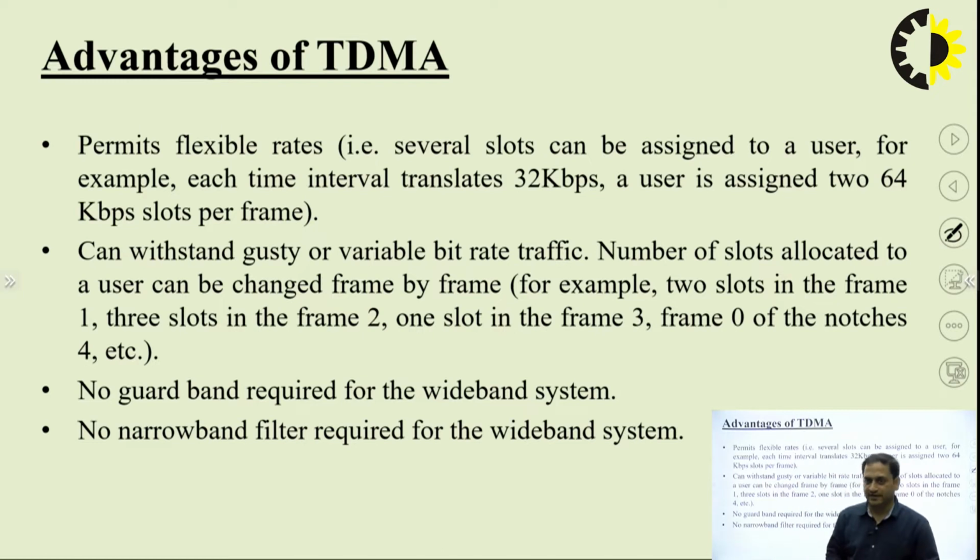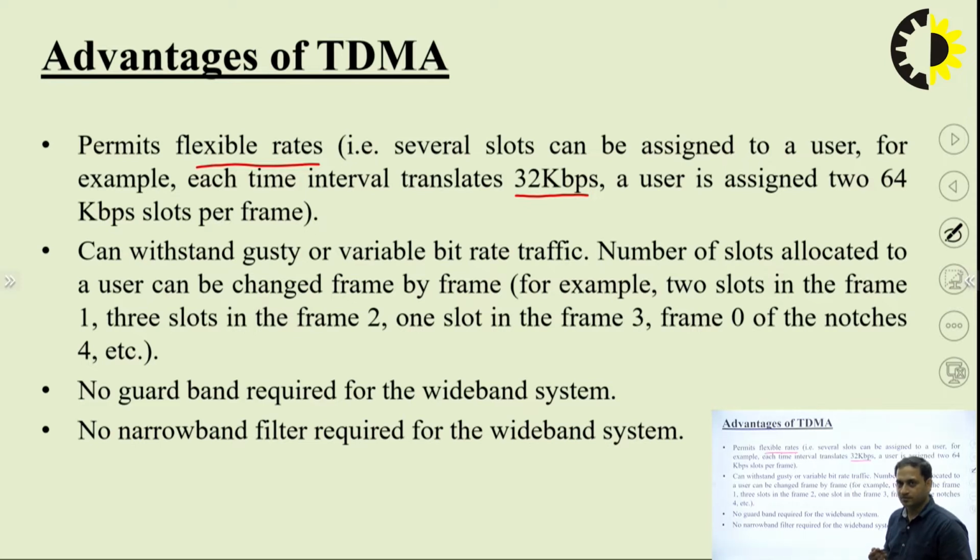So there are some advantages and some disadvantages of the TDMA system. Advantages: it permits flexible rates, where several slots can be assigned to a user. For example, each time interval translates to 32 kbps, right? So this 32 is the maximum voice signal which you want to transmit.